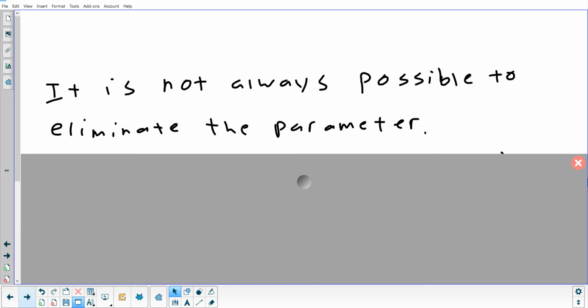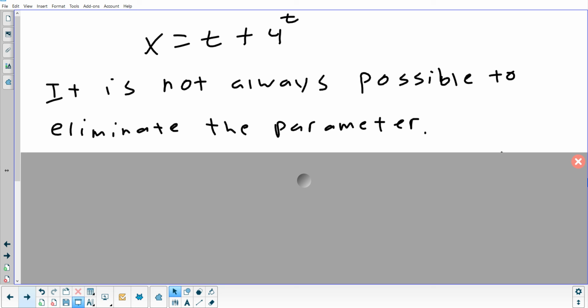Okay, I want you to know, we're not going to go through it in depth, but it is not always possible to eliminate the parameter. Like if I gave you an equation like this, good luck getting t by itself. You're not going to be able to. The problem is you have a t as a term and as an exponent.